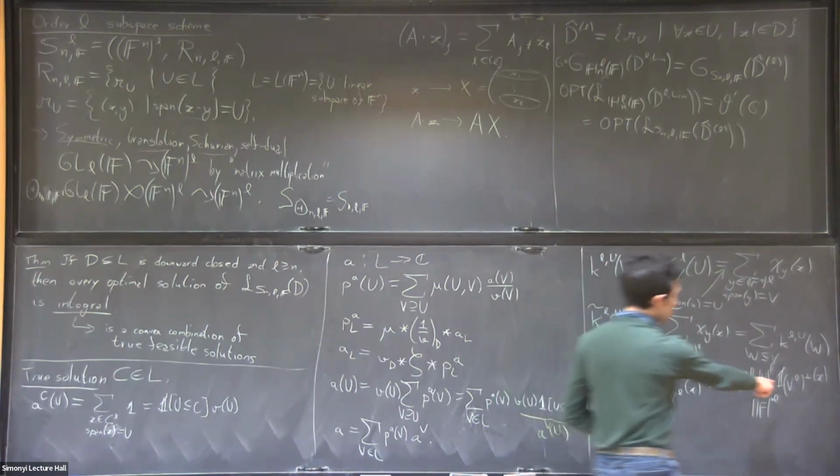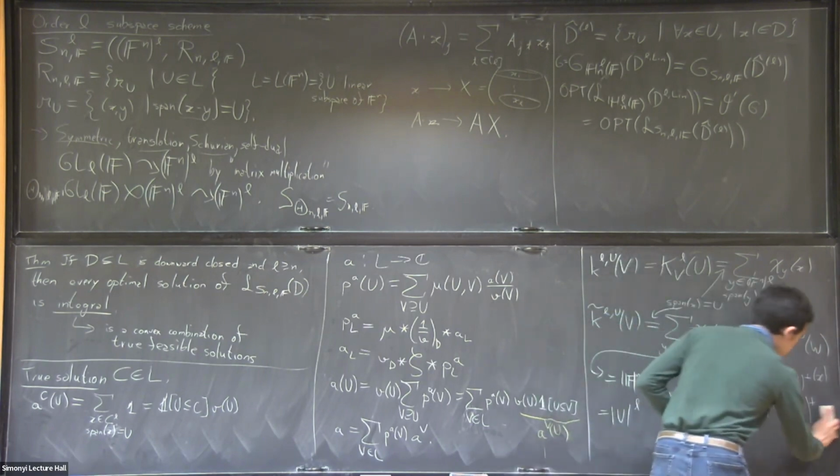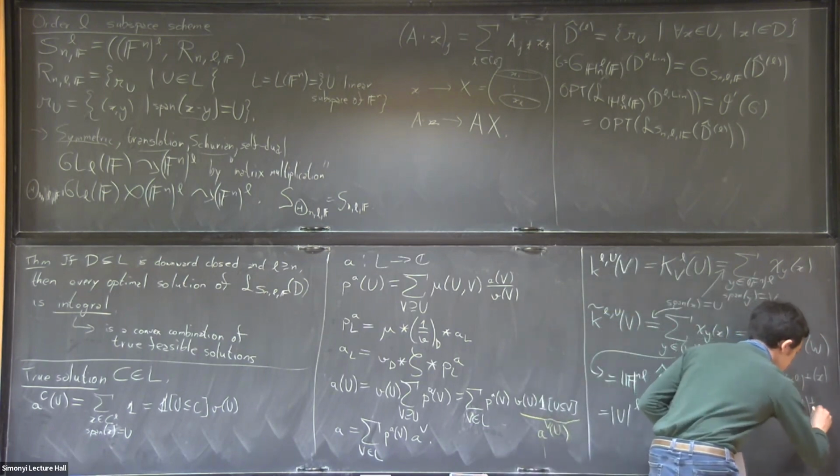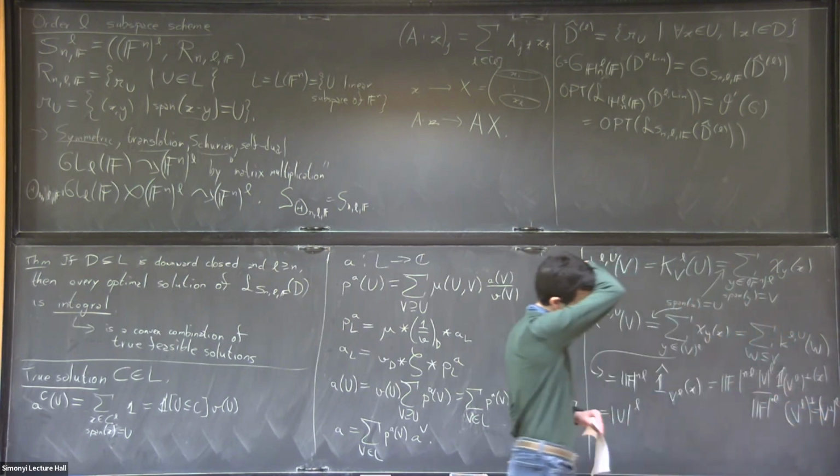And now let's look at this. Well, X is something that has span exactly equal to U, right? And of course, V to the L perp is equal to the V perp L. Commute these two things.